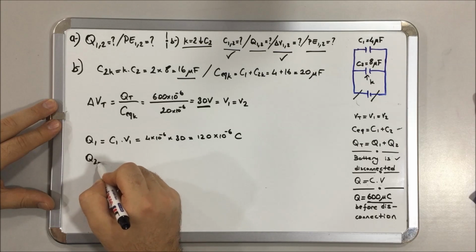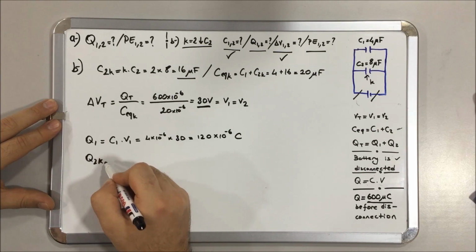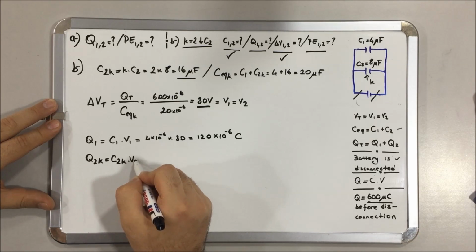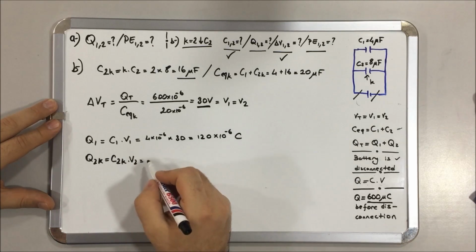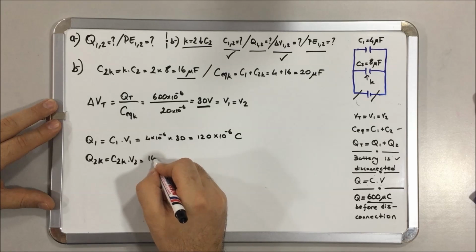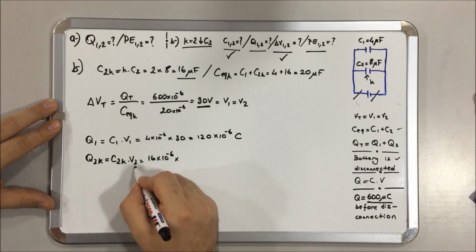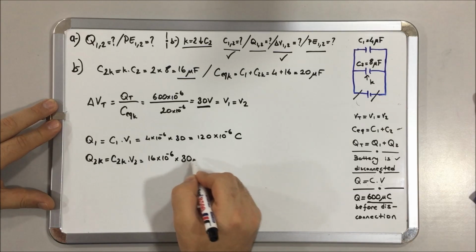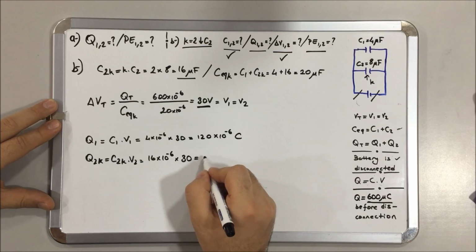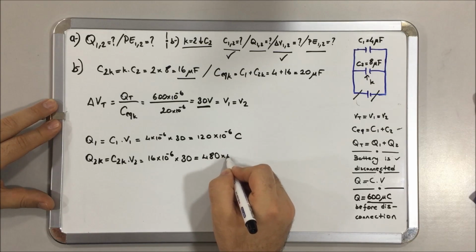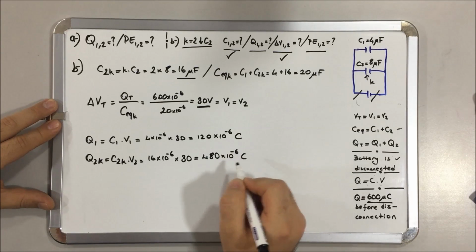And Q2K is equal to C2K times V2, and C2K is 16 times 10 to the power of minus 6, times the potential difference, which is the same, 30. So it will be 480 times 10 to the power of minus 6 coulomb.